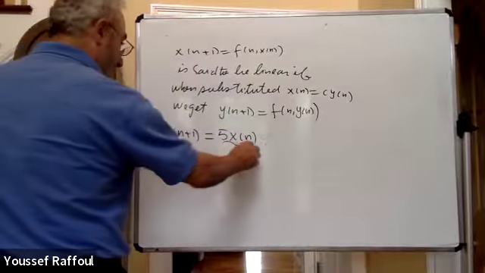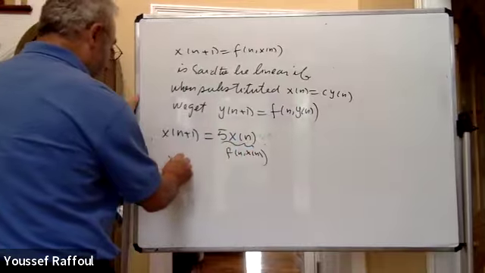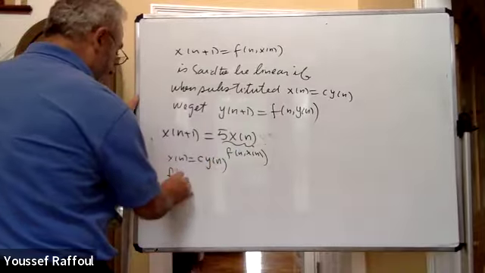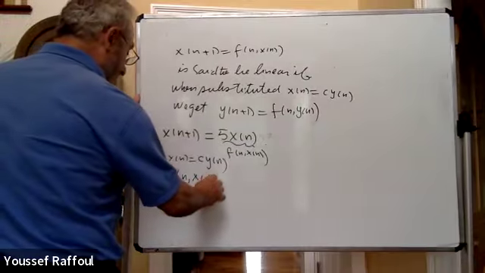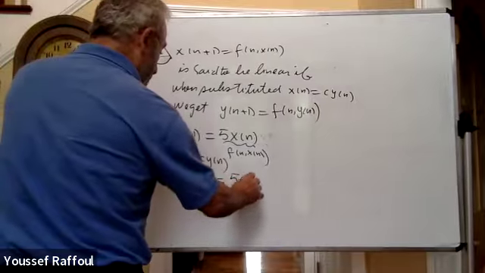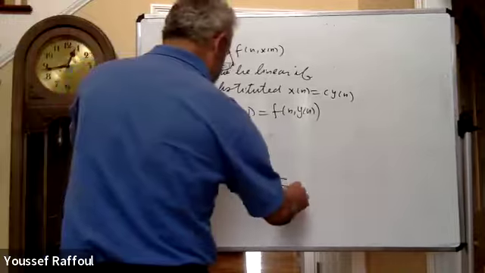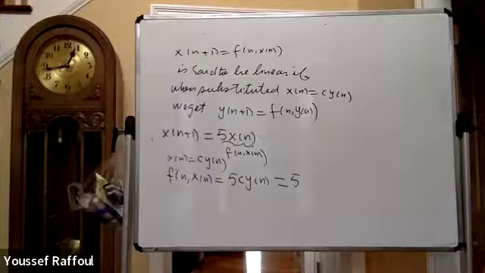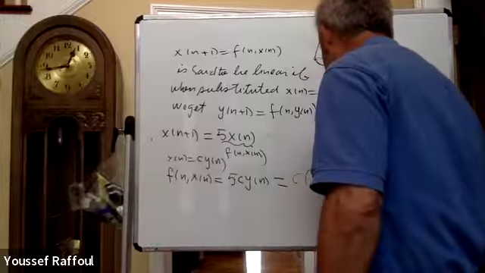Then this is f_n(x_n), and if I let x_n equal c y_n, then f_n(x_n) equals 5c y_n.